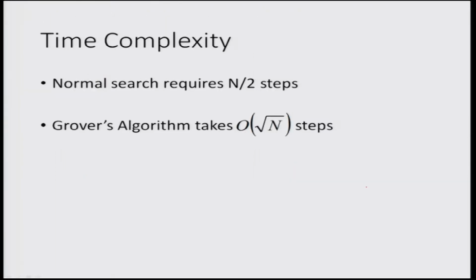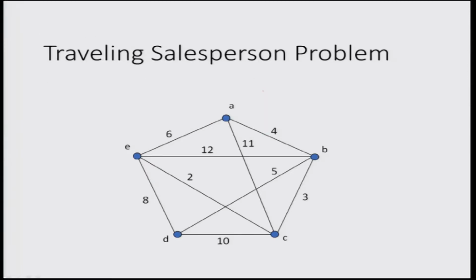The time complexity, as I mentioned, is in terms of square root of N, whereas in a normal classical search, the minimum number on average that you require is N by 2. So, there is a large enhancement when we go to Grover's algorithm. Now, we would like to actually extend this problem to the travelling salesman problem.